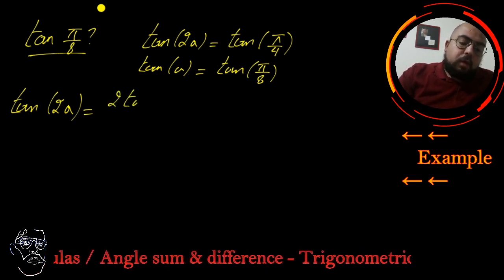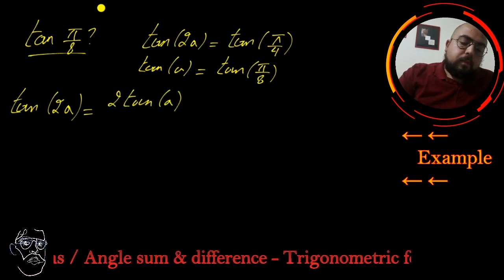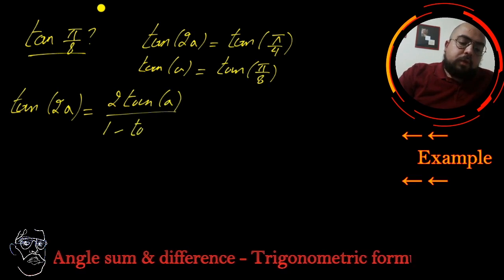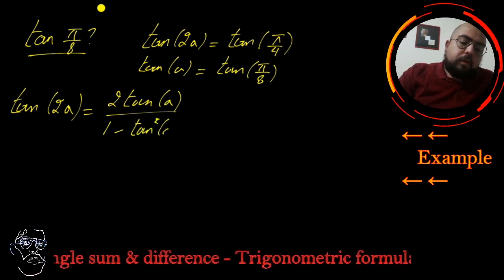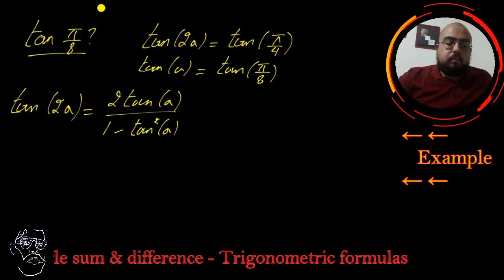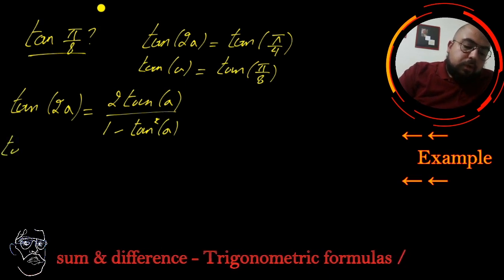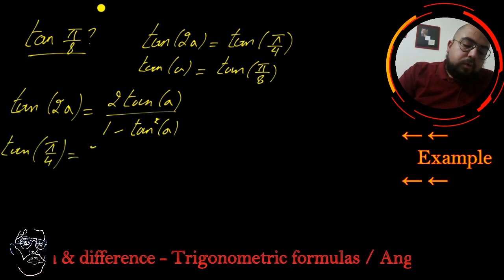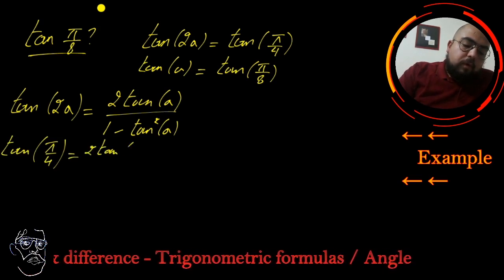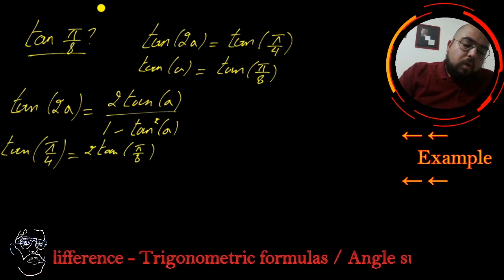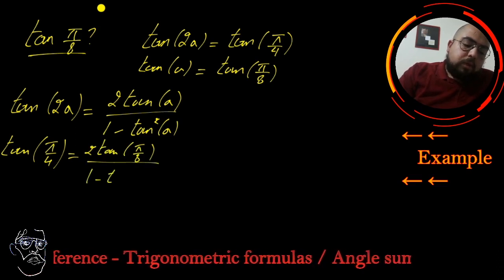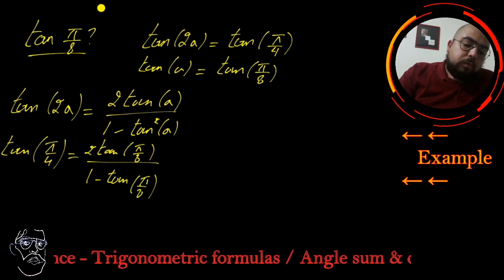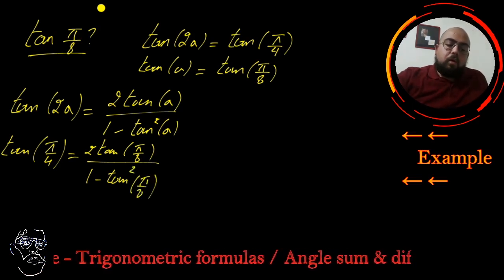2 tangent A over 1 minus tangent squared of A. So tangent of pi over 4 is equal to 2 times tangent of pi over 8 over 1 minus tangent of pi over 8 to the power of 2. Alright?